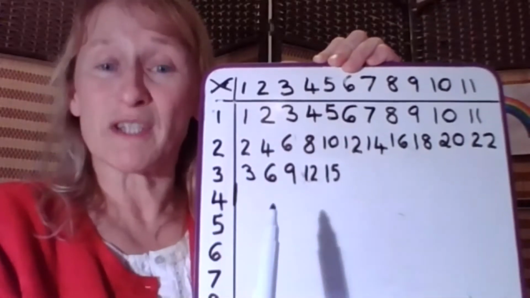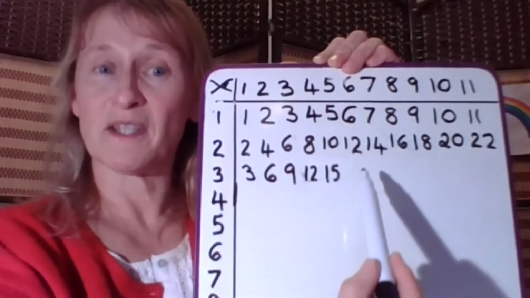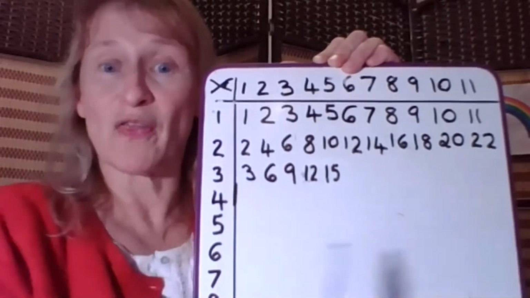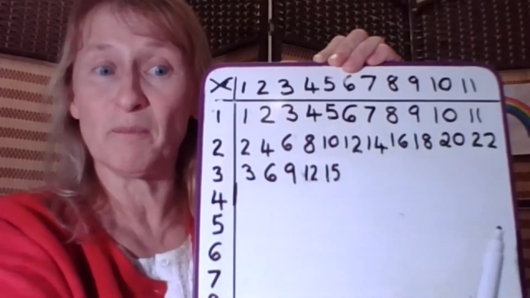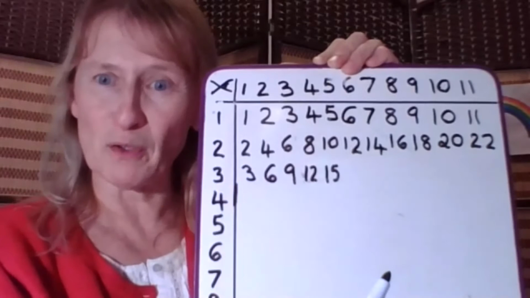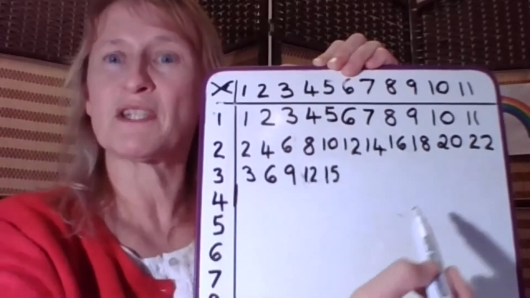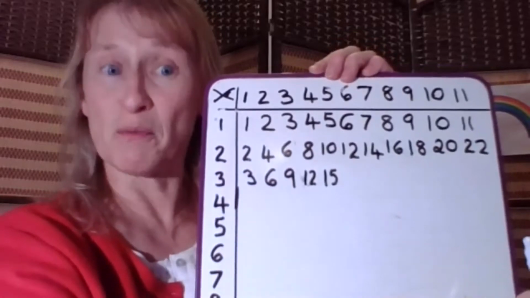Now I'm going to carry on with my multiples of 3: 15, 18, 21, and carry on and on. Then I'm going to do my multiples of 4. Then I'm going to do the multiples of 5. Remember, multiples is just a posh word for the numbers in the times tables, but they don't stop. Multiples carry on and on and on.